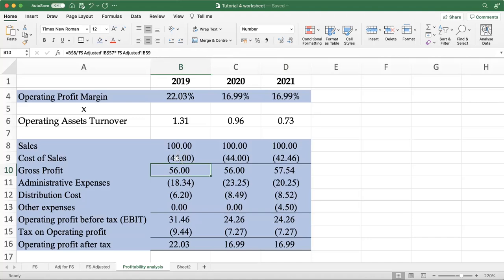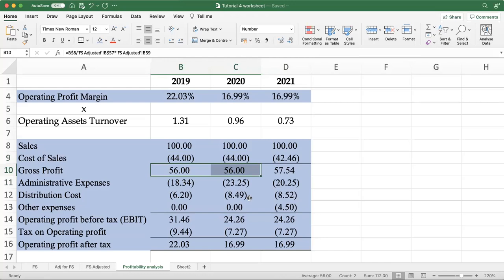You see here, cost of sales, common size amounts are the same in both years. Therefore, gross profit common size amounts are the same.